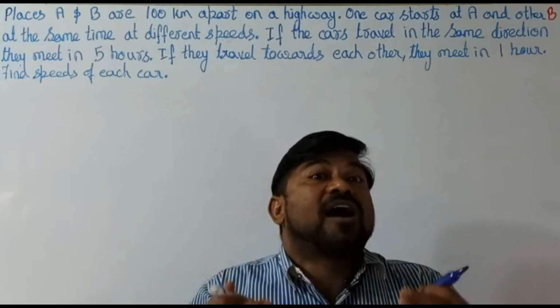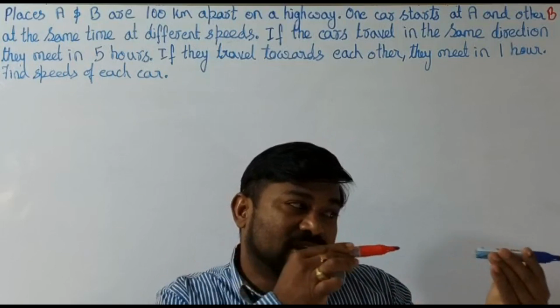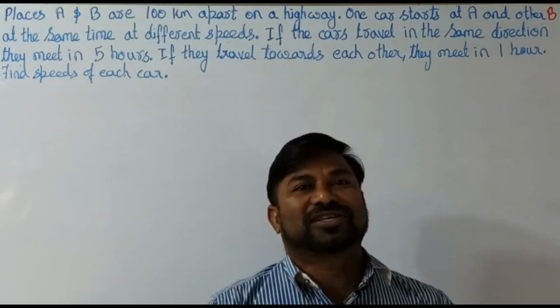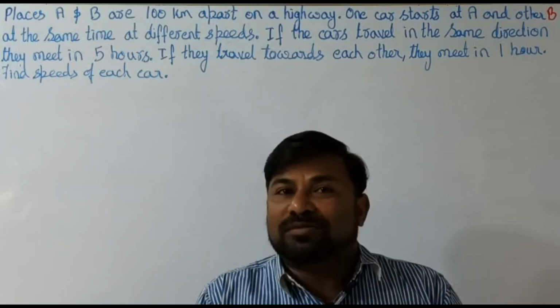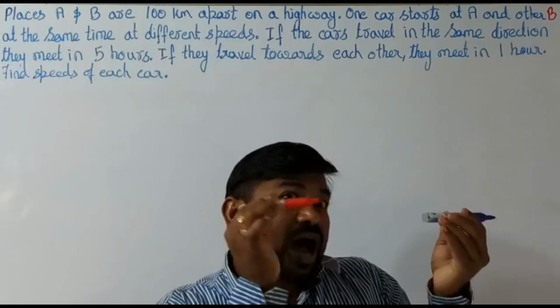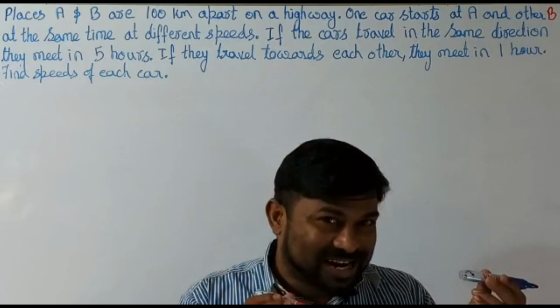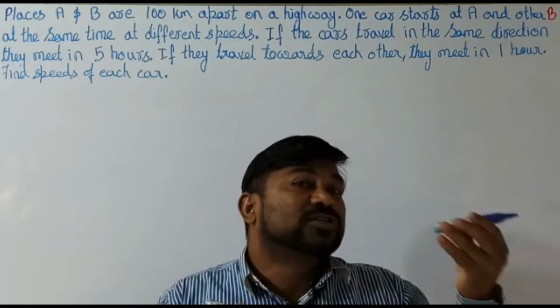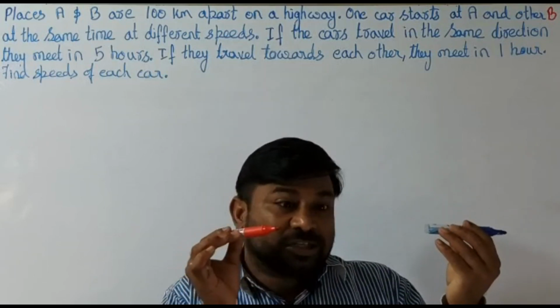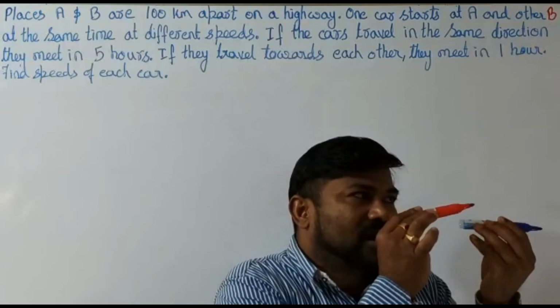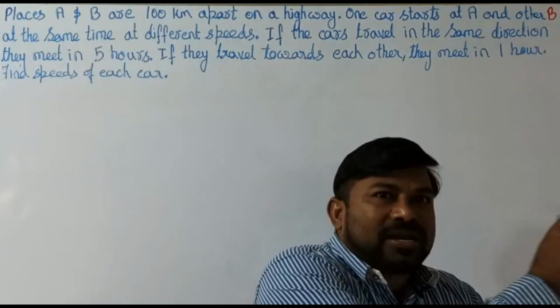But what he said is, after 5 hours, when they are traveling in the same direction, they meet with each other. What does it mean? It means the car which is at the back is moving with more speed than the car in front. Because it traveled and met with that one.